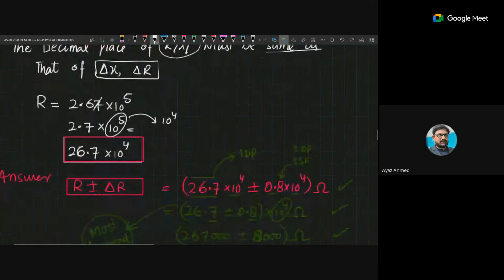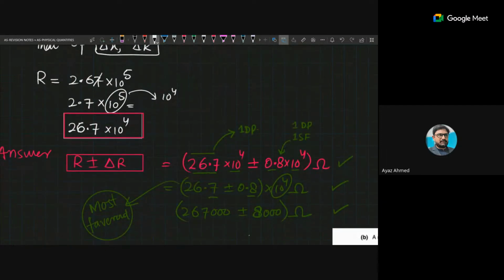For example, if I have 2.67, there are two decimal places, but in your absolute uncertainty I have 0.8 into 10 raised to power 4. I have one decimal place.